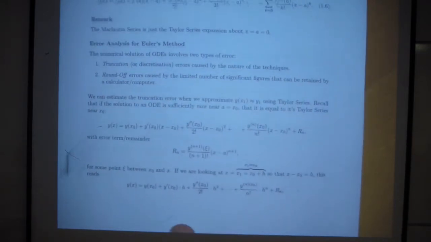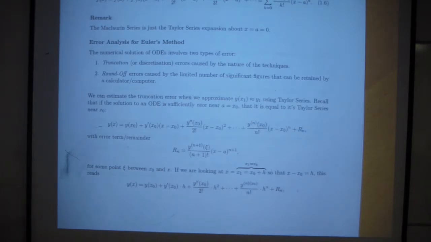We can estimate the truncation error. So what I'm saying here is, using Euler's method, we can find out how bad it is using Taylor's series. And it's mostly the conclusion I'm interested in, so I might speed past things. So, we've got a differential equation.